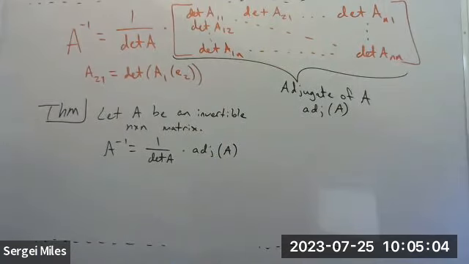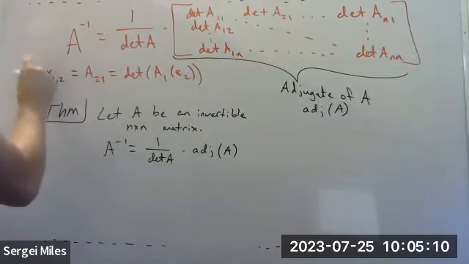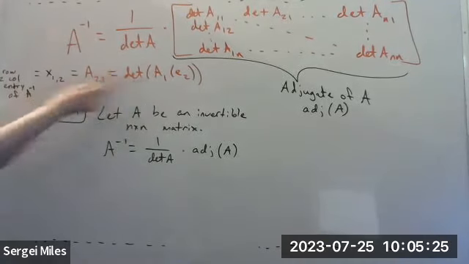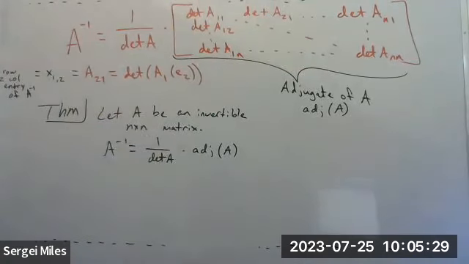Okay, right. And so this is x1,2, which is the first row, second column entry of A inverse. Again, I'm trying to stress what this notation means because oftentimes this adjugate business confuses a lot of students.